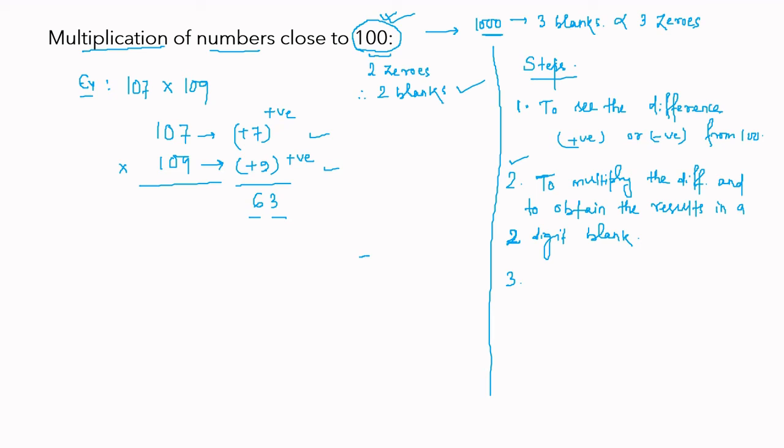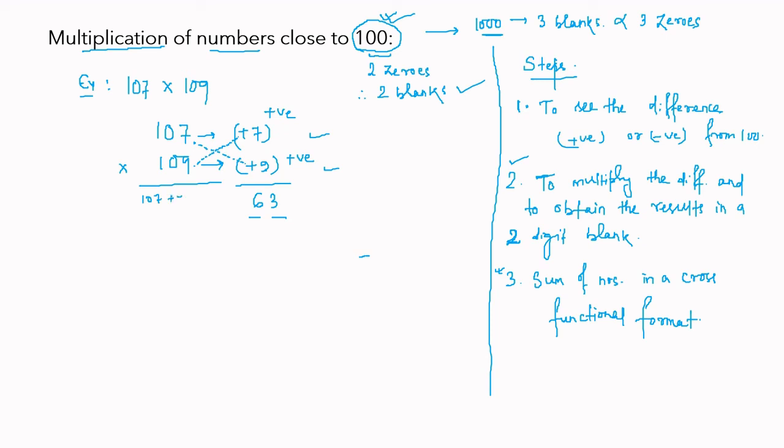Now once we are done multiplying the differences and obtaining the result in the form of a 2-digit blank, what we will do is the sum of numbers in a cross multiplication format. In this case, if we see a cross format that relates 107 with plus 9 and 109 with plus 7, we can take either of the two and make the sum.